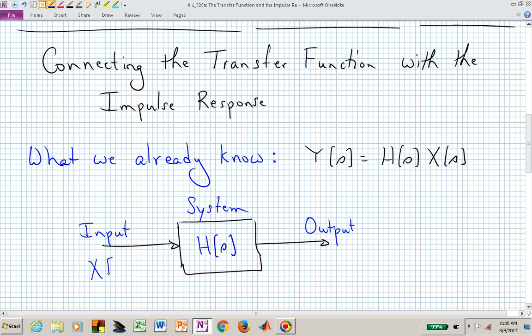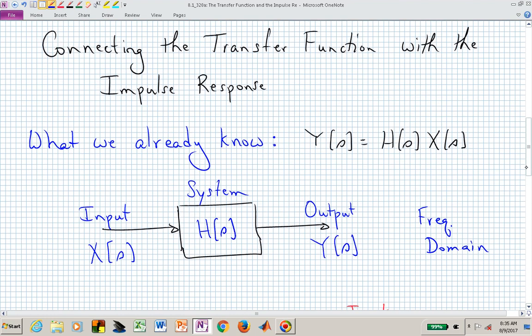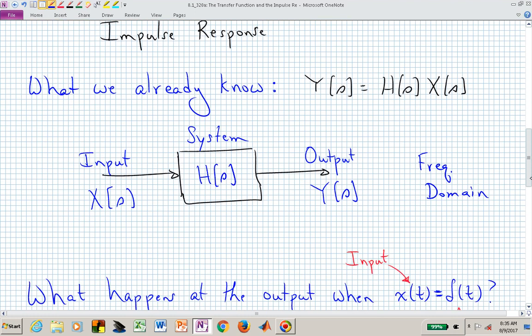We have the Laplace transform of the input and the Laplace transform of the output, and in the frequency domain the interrelationship between the input and the output is simply the multiplication of the transfer function capital H of s with the input's Laplace transform. That produces the output's Laplace transform. That's in the frequency domain.